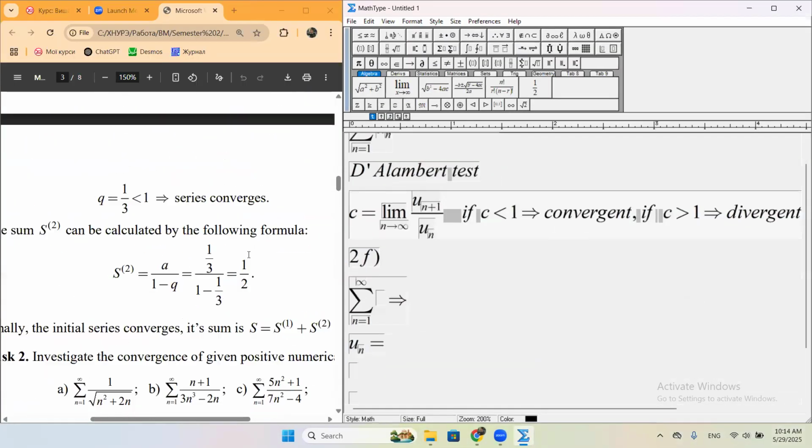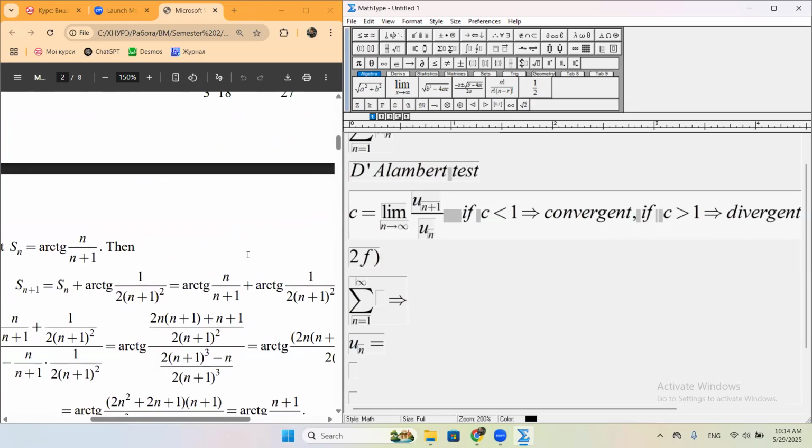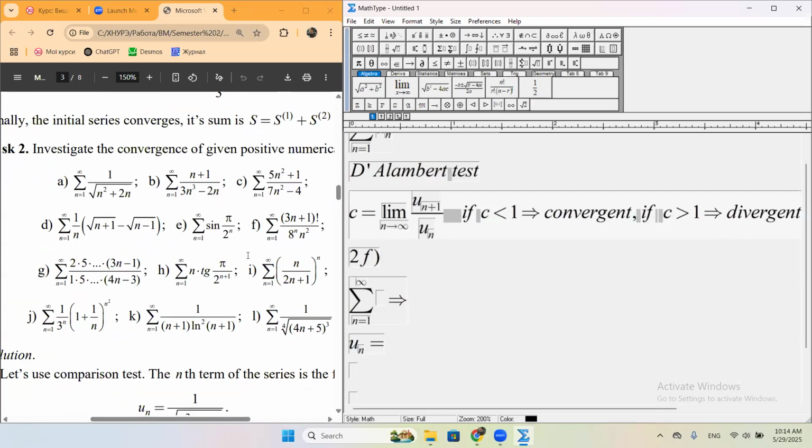So let's have practice with such a test, the D'Alembert test. So writing down the series: (3n plus 1) factorial over 8 in power of n and n square.